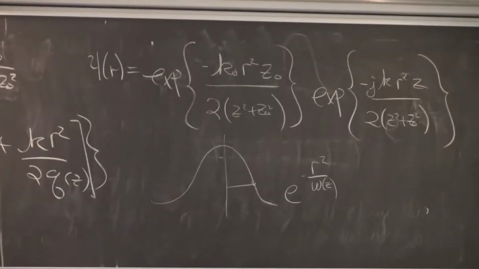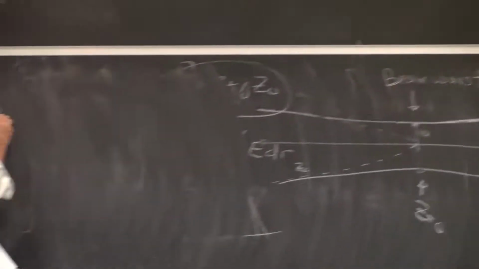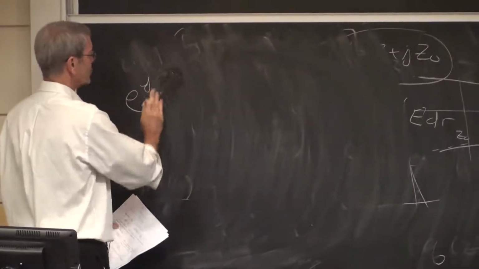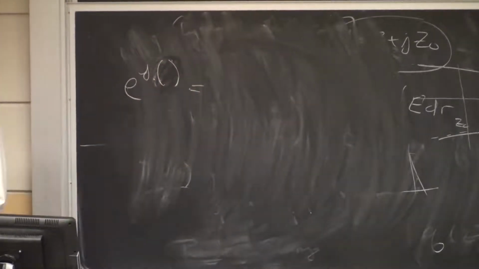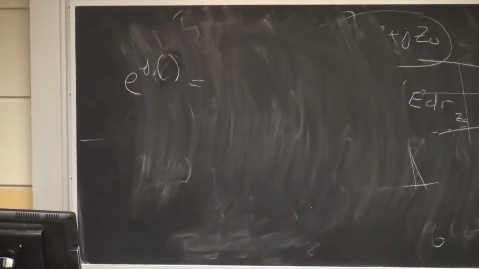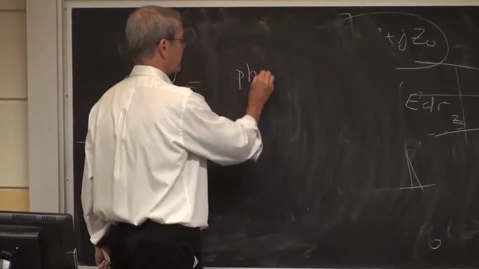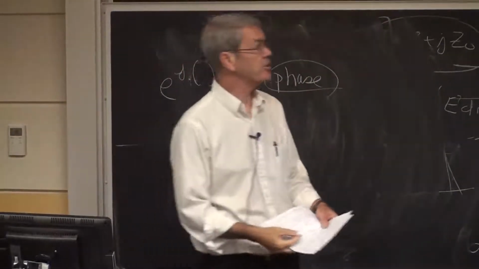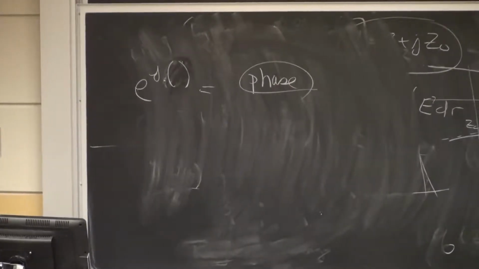When you have an e to the j something times something, who knows, I'm just trying to write a function here, that has a magnitude of 1. So there's no amplitude at all. This corresponds purely to phase. That's all it does. It just tells you how the phase of the beam is going to change as a function of r and z.